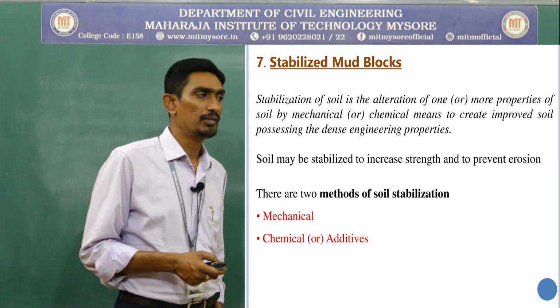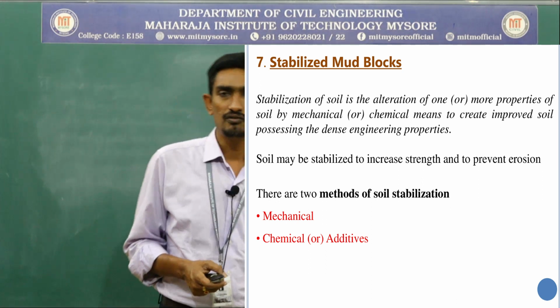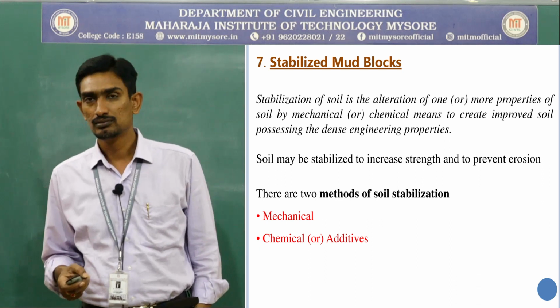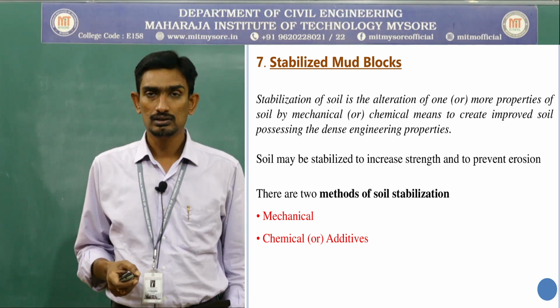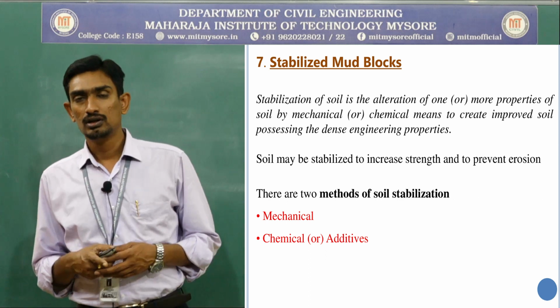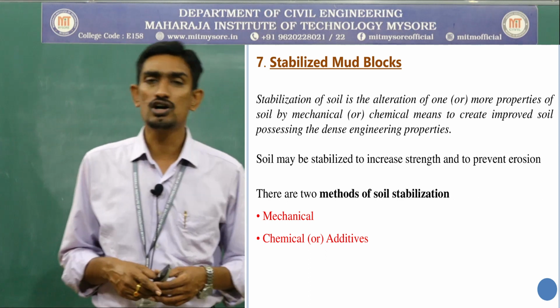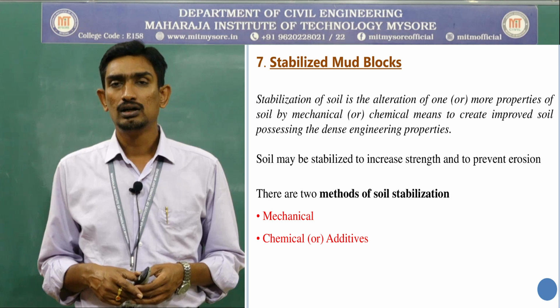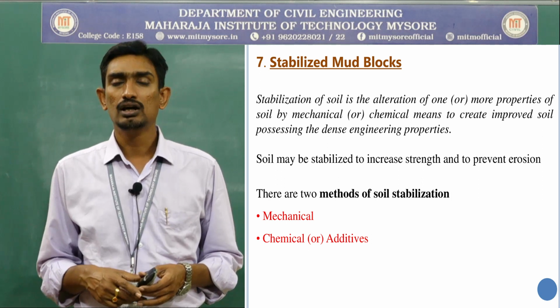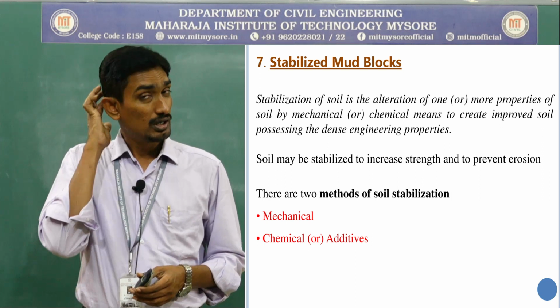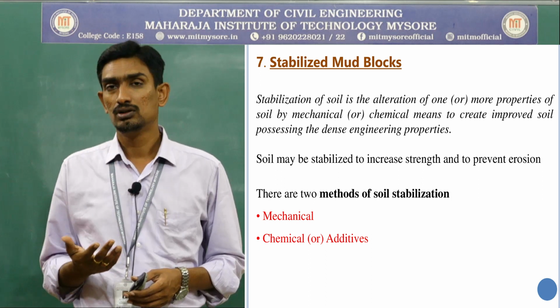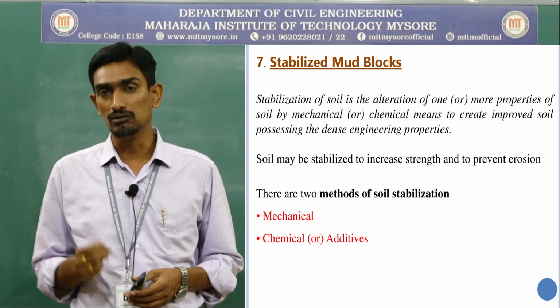Next, the chemical way. Chemical way means adding agents. For example, it may be lime or cement. For example, if you take 1 kg of soil, try to use cement as an additive. There is a difference between alternative and additive.